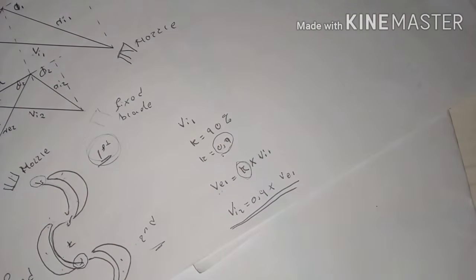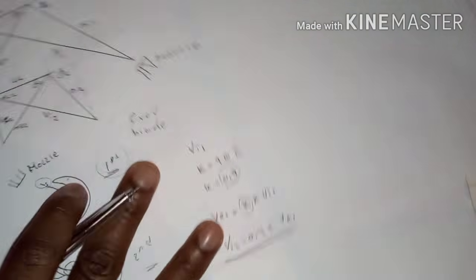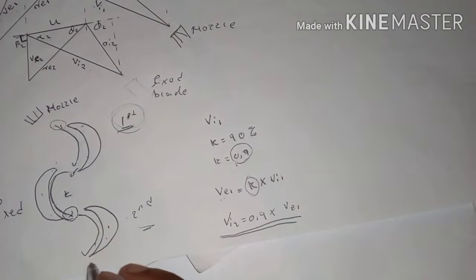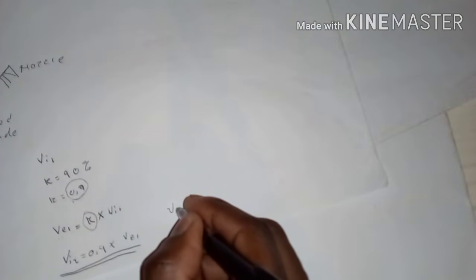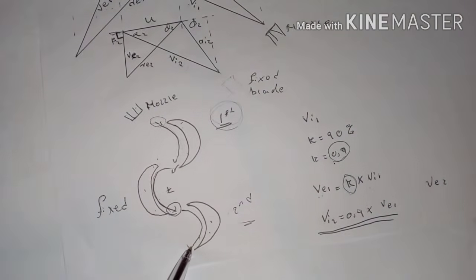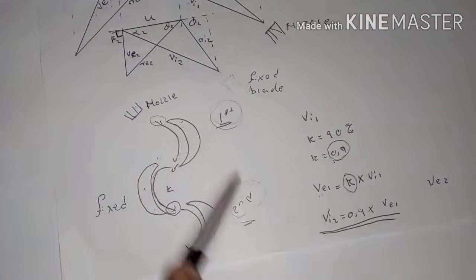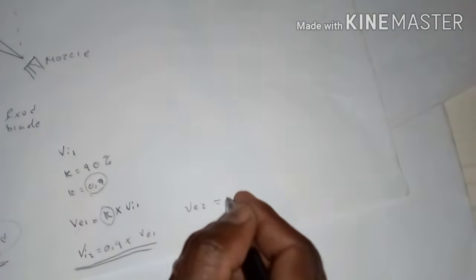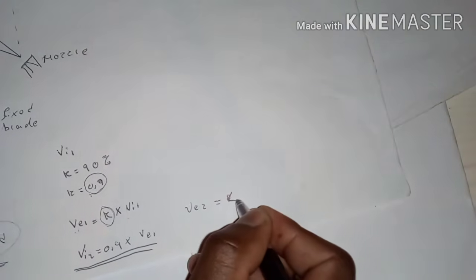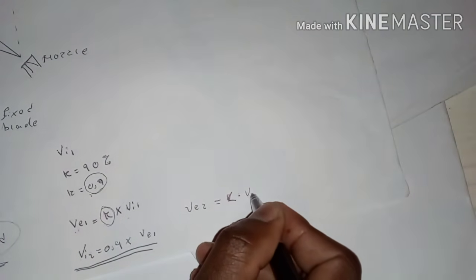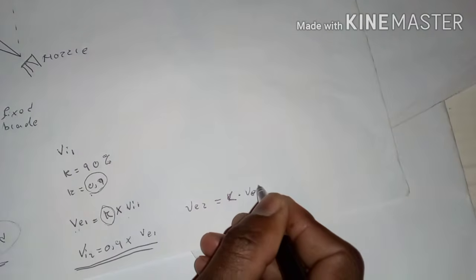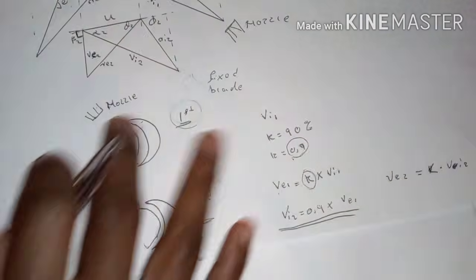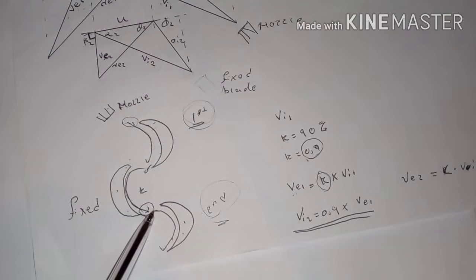We do take into consideration the coefficient of friction. Even if now you are looking for VE2, which is the velocity at which the steam will be leaving the second plate, it will be K times VI2, because we are reducing from the recent velocity of the steam.